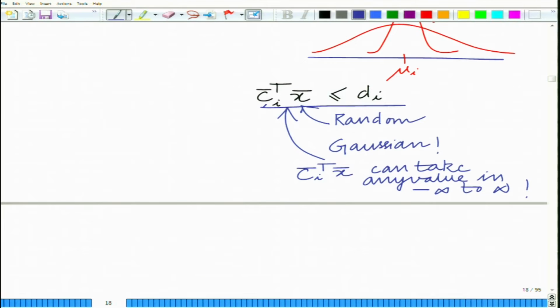There can always exist some values of this vector C bar I where this exceeds di. Because of the random nature of this constraint, one cannot hope that it is always satisfied in the optimization problem. Because it is varying randomly, it cannot be satisfied all the time.